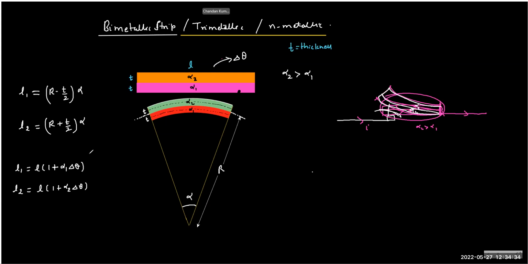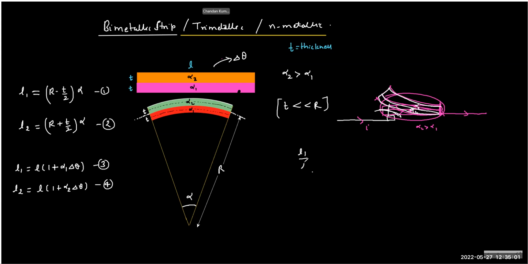Do you realize this part first of all? Yes. Okay. So T is very small, very, very small compared to R. So this approximation will help you. And therefore, the ratio of the lengths and the R ratio we can find easily.